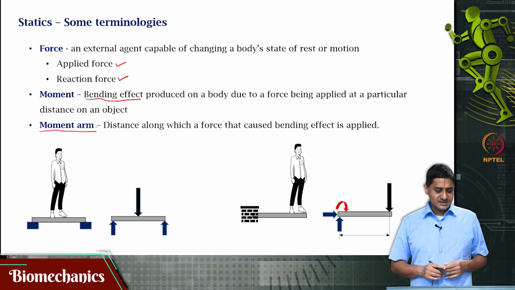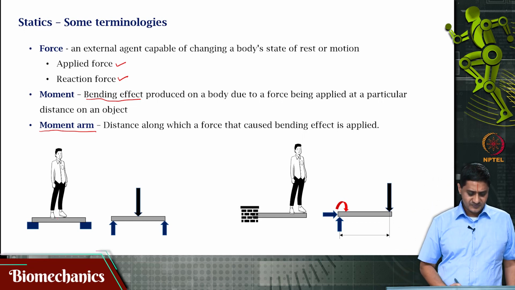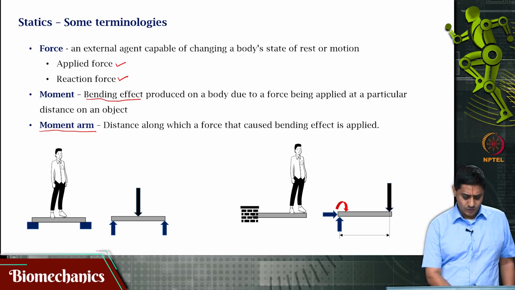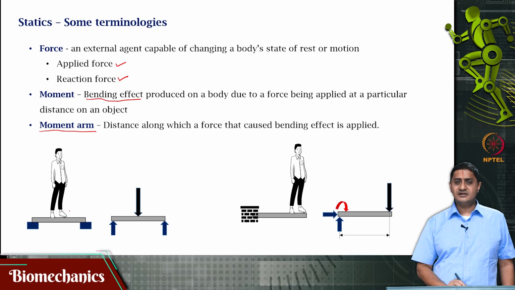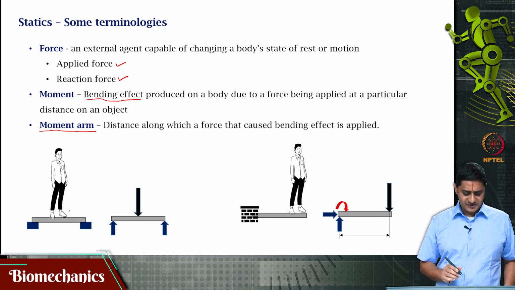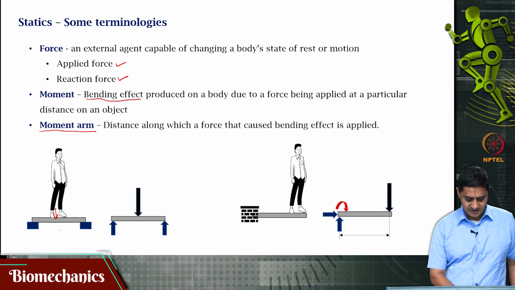Now, let us take a simple case of this person who is standing quietly. We will assume that the total weight is acting through a single point. This is actually a simplification, but for the purpose of this class we can assume that his weight is acting through a single point. So, there is a plank and there are two bricks.